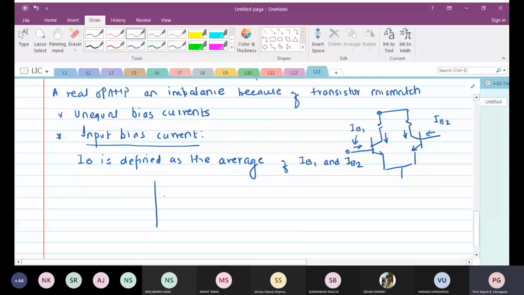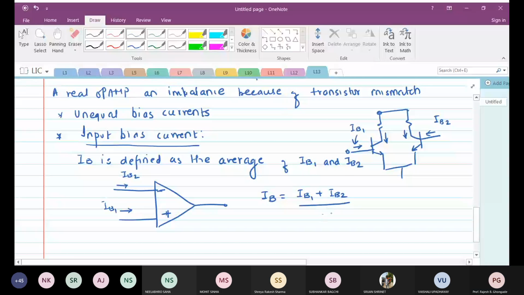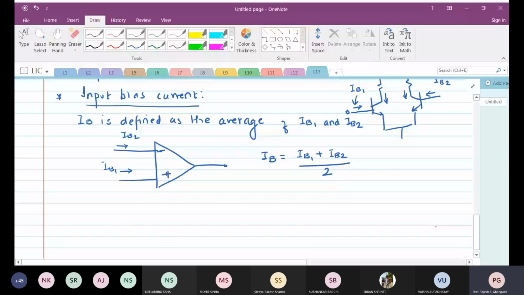Okay, so if I am having an operational amplifier, in that case IB is defined as IB1 plus IB2 divided by 2. So it is an average value, and this is called the input bias current. Okay, most of the time this is going to be a very small value, mostly in nanoamperes. Okay, so please remember that.